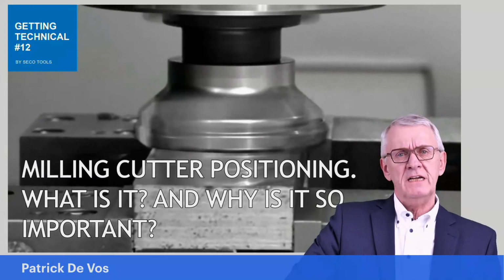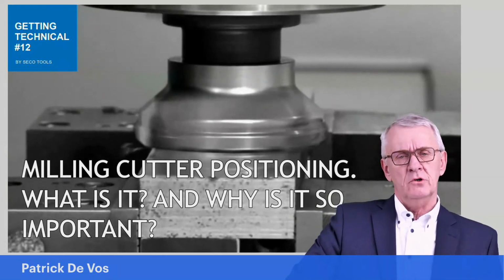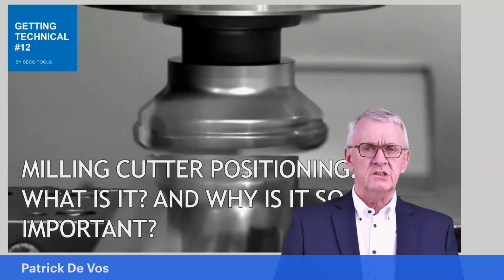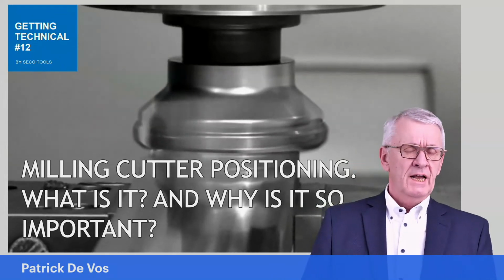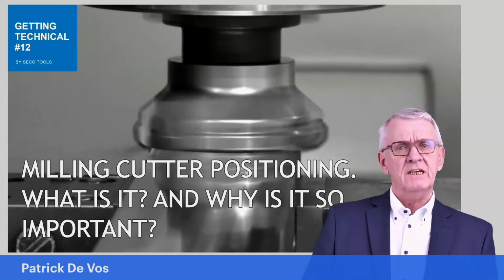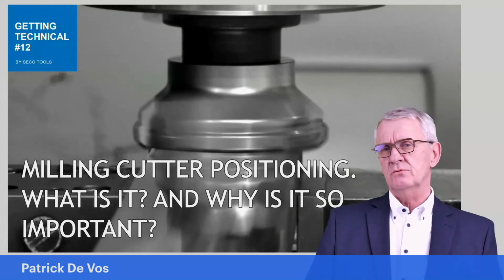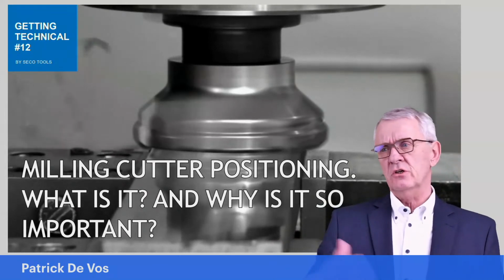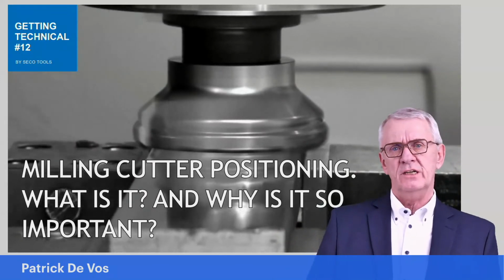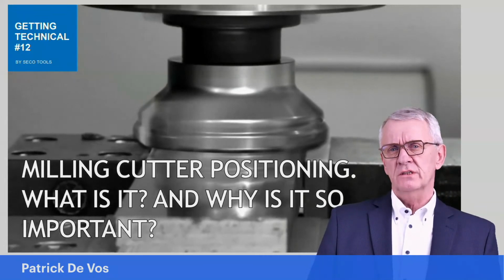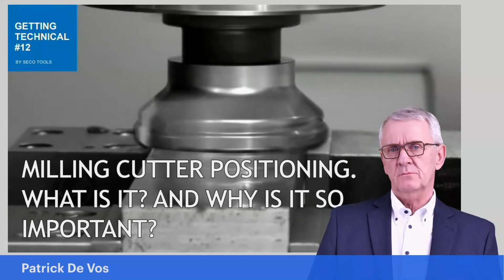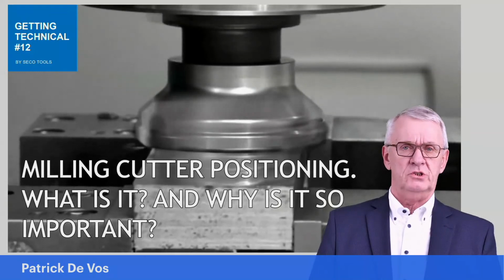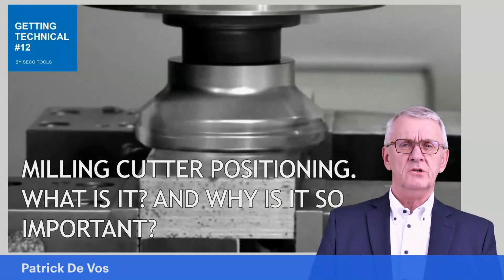Well, let me say it like this. If I look around today in the machining world and I see all those 5-axis milling machines with all those sophisticated strategies being used, and if I hear that people still have issues with micro vibrations, too short tool life, and surface roughnesses that are not in line with expectations, then I wonder: could it be that this very old notion about milling cutter positioning is forgotten a little bit?